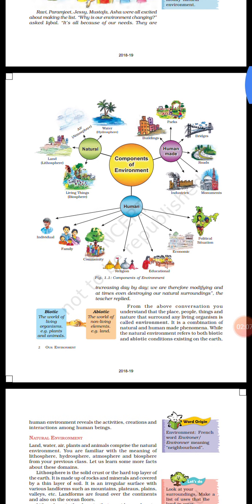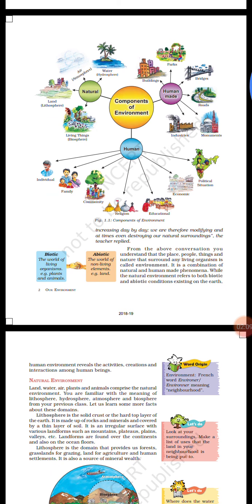After that, the topic is the natural environment. What did you understand by natural environment? Natural environment means the land, water, air, and living organisms such as plants and animals comprise the natural environment.